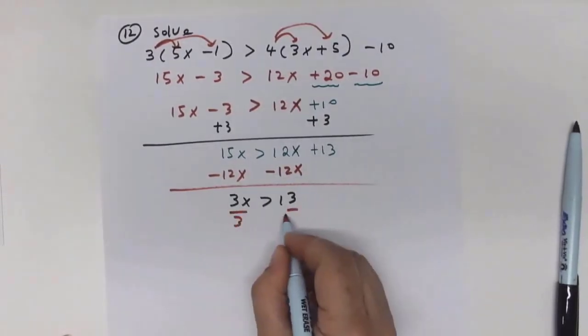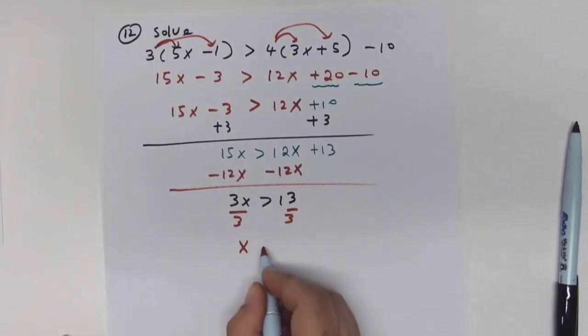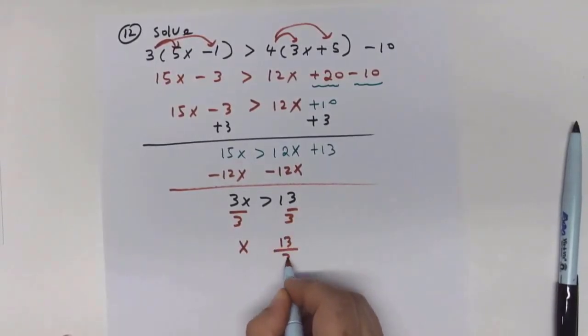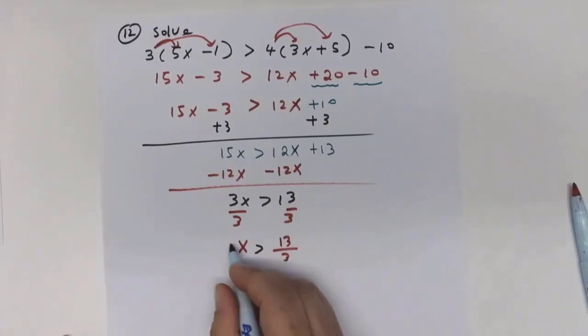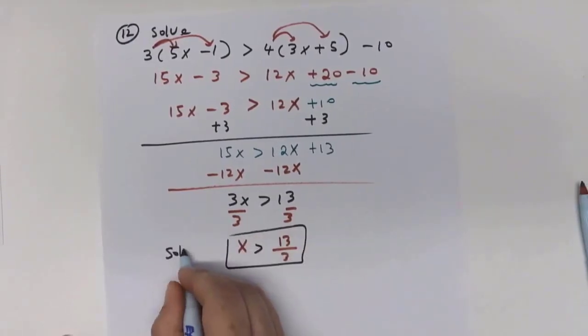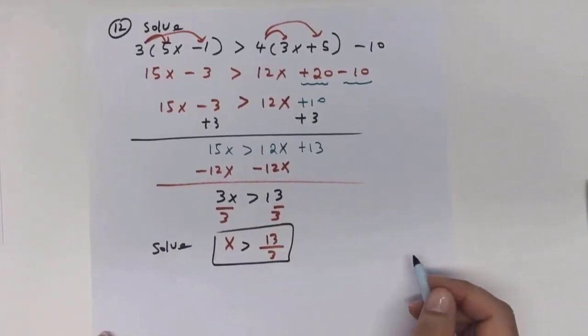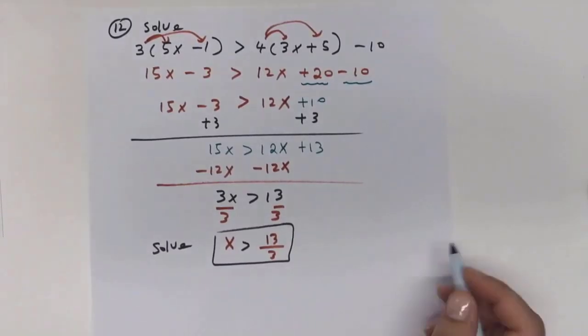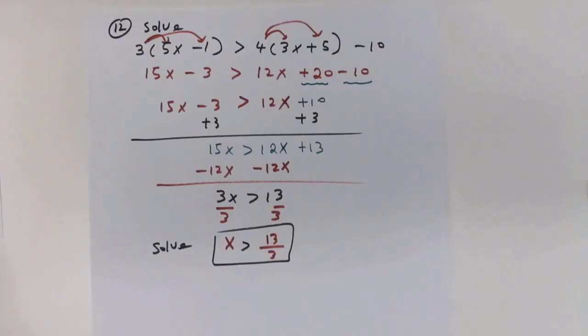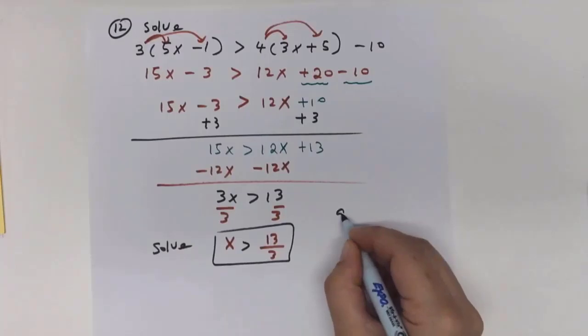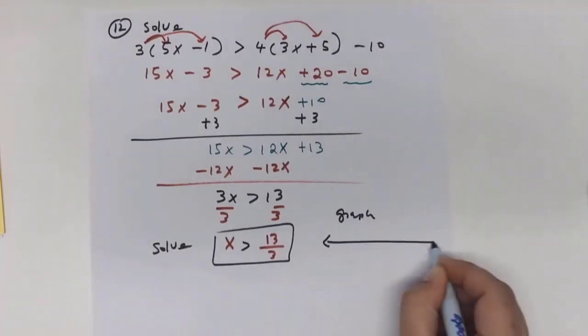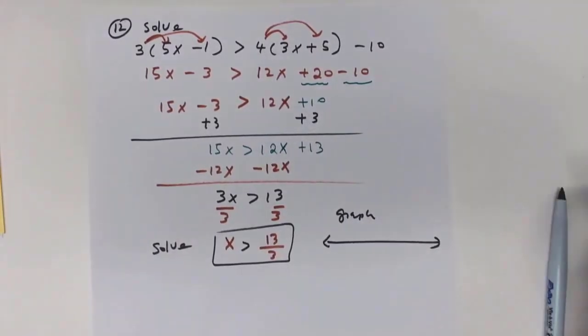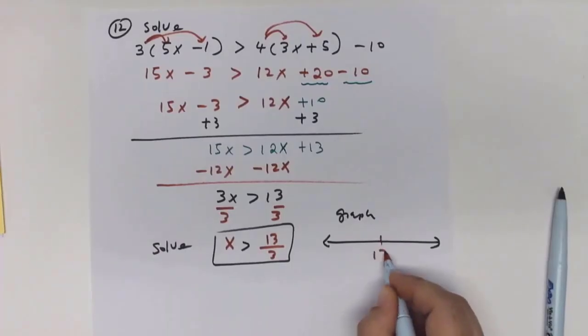Divide by 3 both sides. Do we have to flip this time? No, because we are not multiplying or dividing by a negative number, right? So we just solve this, and then I need to graph it. To graph it, first, draw a line, and then label 13 over 3.